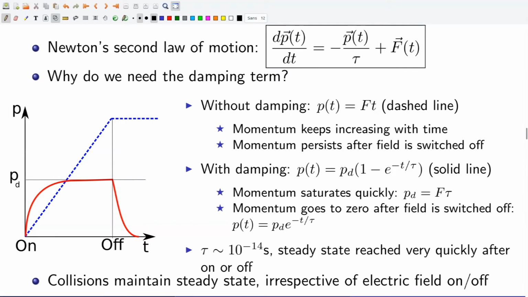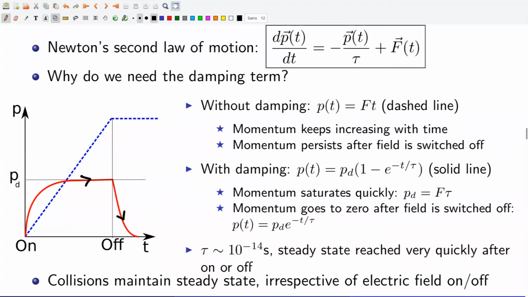Finally, we can ask the question: how long does it take for the current to saturate? So you see the current will reach the saturation level at this point, and after you switch off the field, it will move to 0 in this fashion.